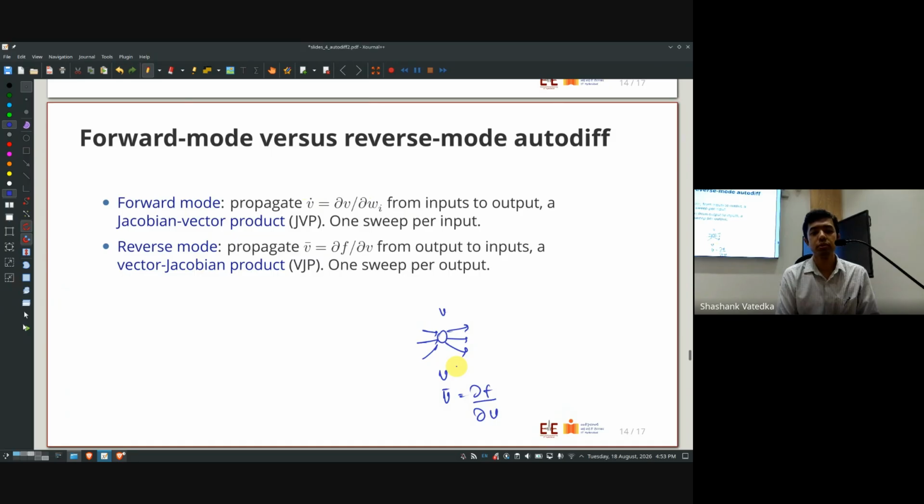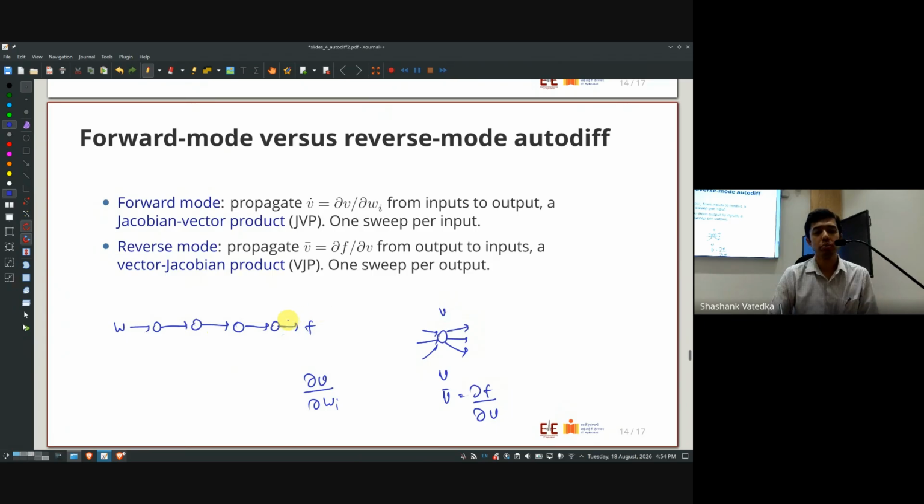You could also do this in the so-called forward mode, wherein at each node you find the partial derivative of that node with respect to the input, so ∂v/∂wi, where wi is one particular input. Say I have a sequence of nodes, w and a final function f.